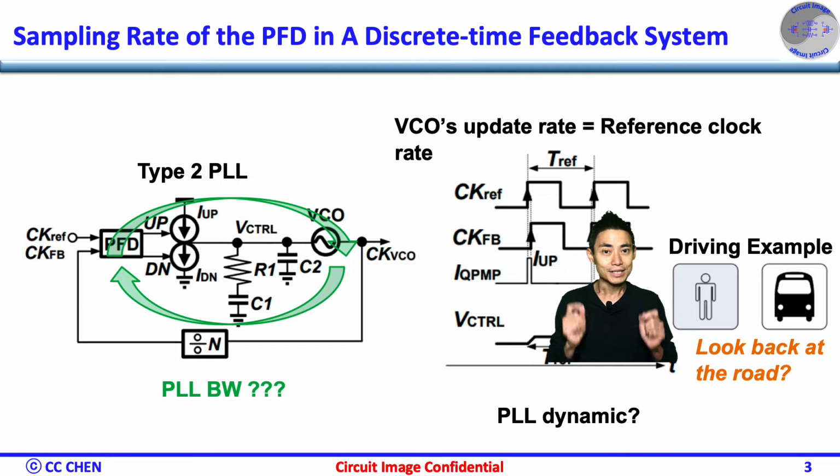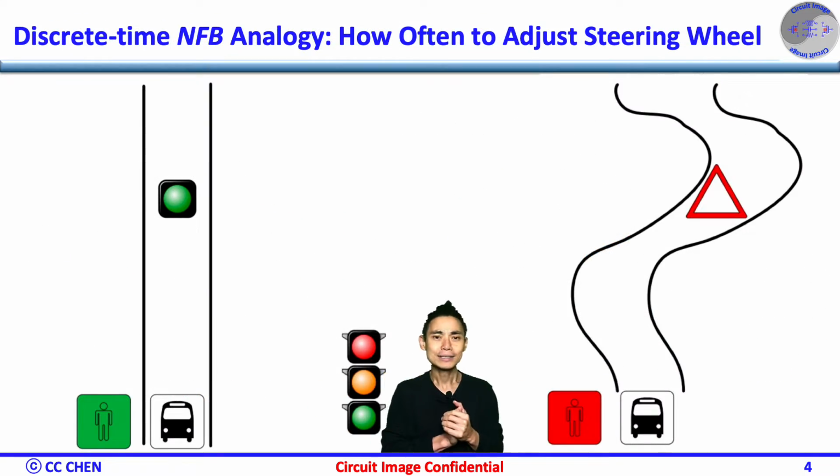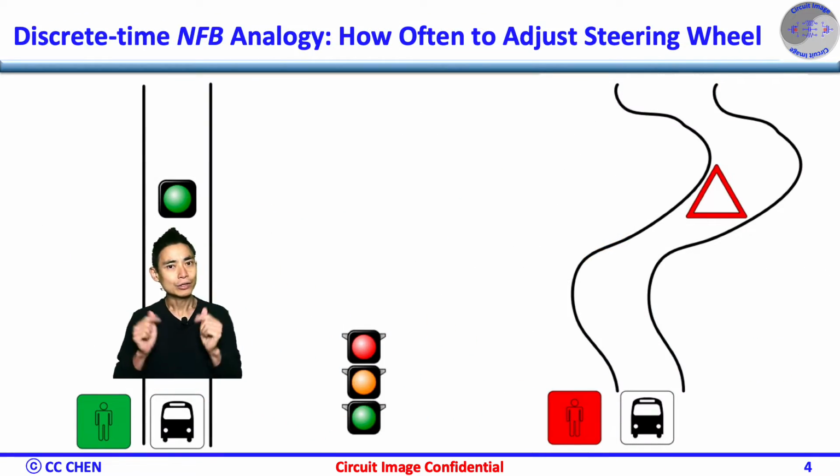The question is how often you should look back at the road after looking at the passenger. Any ideas? Right, it depends. If the road is very straight, the direction adjustment that you make by steering the wheel can be slow.